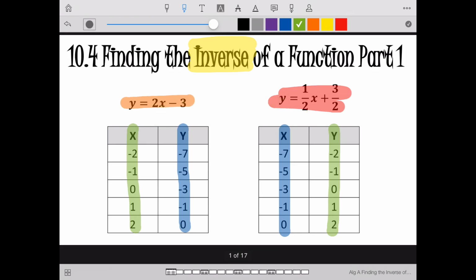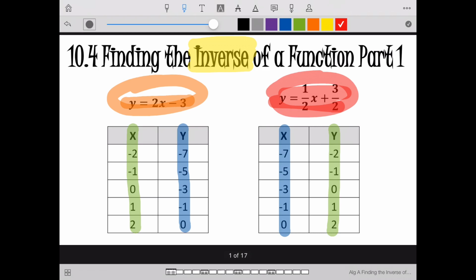So basically, this first equation and the second equation are the same, except that the x's and the y's are switched. That is what an inverse is. It's an equation that switches all of the x's and y's.